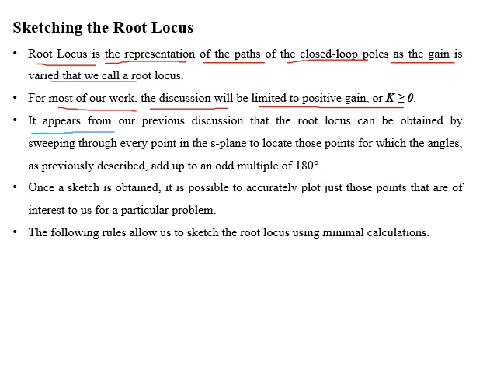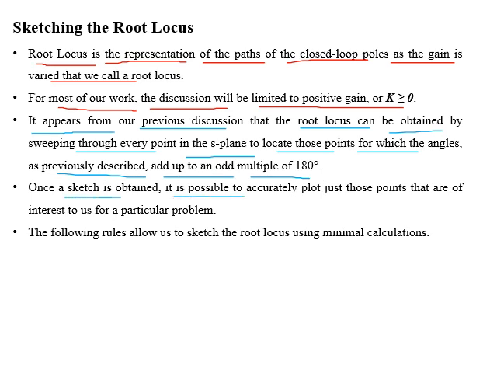From previous discussion, we know that a point in S-plane is a part of root locus, or the location of closed loop system poles for some value of gain k, if it fulfills the angle condition, which is that if we draw vectors from all the poles and zeros of the system to that point in S-plane, the net angle must be an odd multiple of 180 degrees.